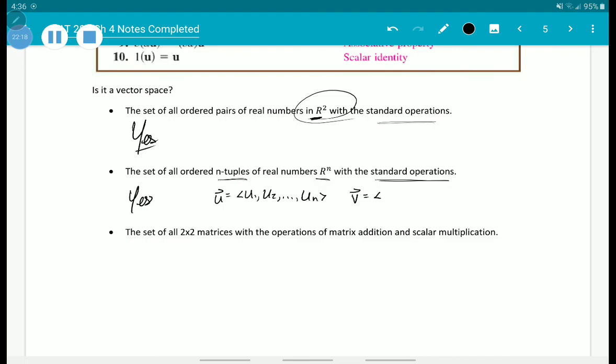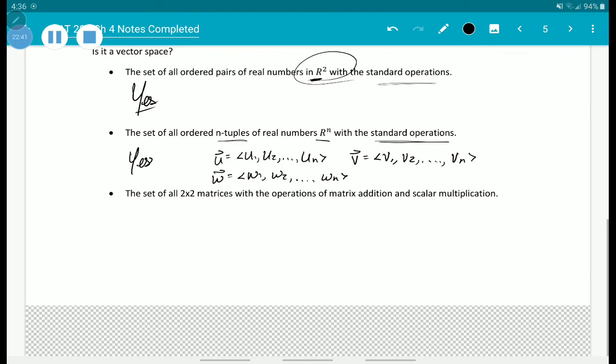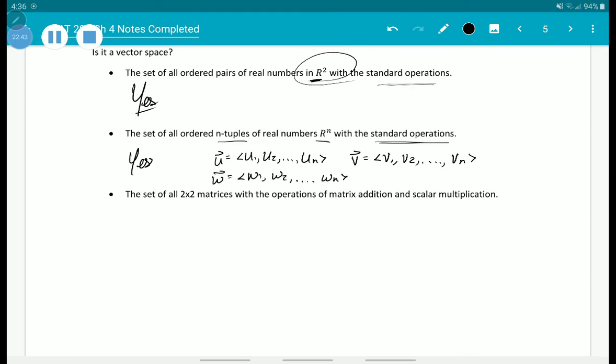This one's going to be very similar to the last one in the way that it's proven, because we're still dealing with standard definitions for addition and scalar multiplication. It's just that now our vectors are a little bit bigger. But in both cases, we're still in that vector world.